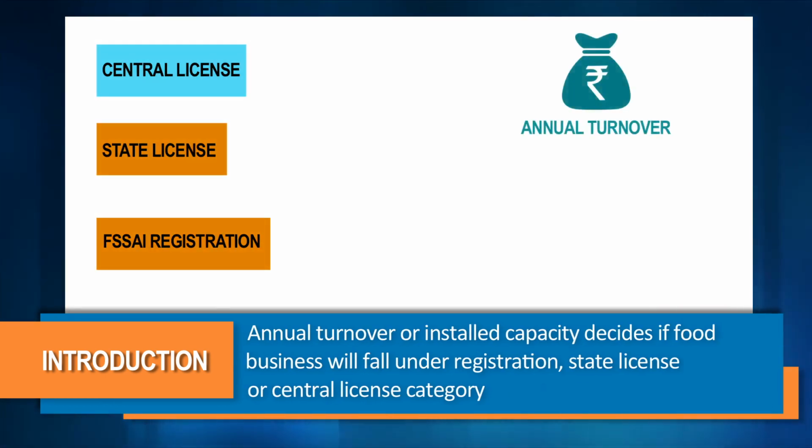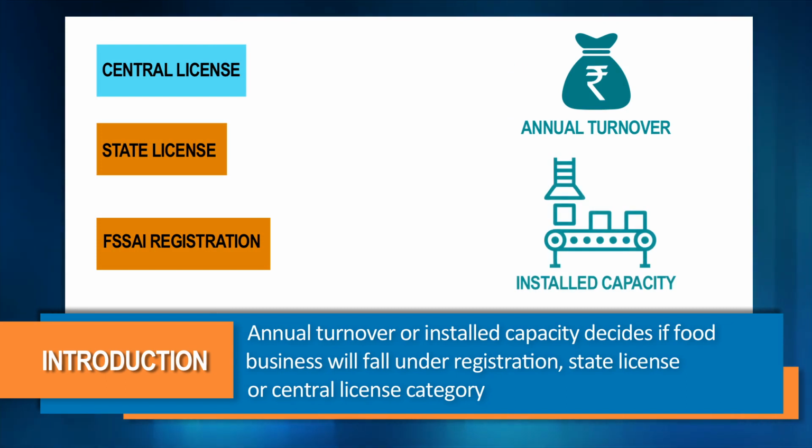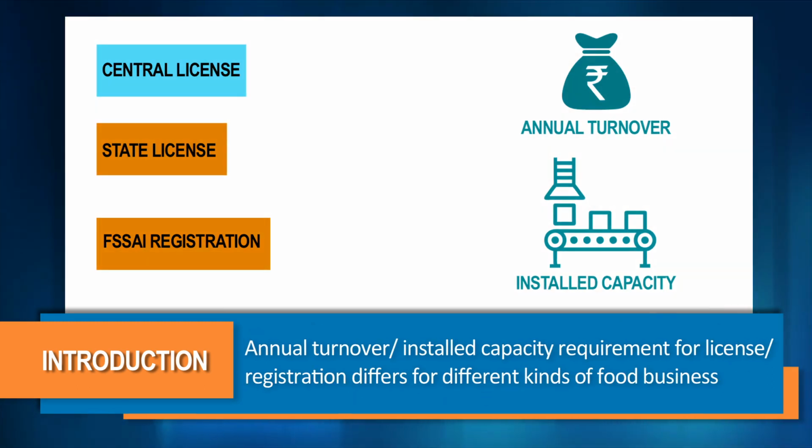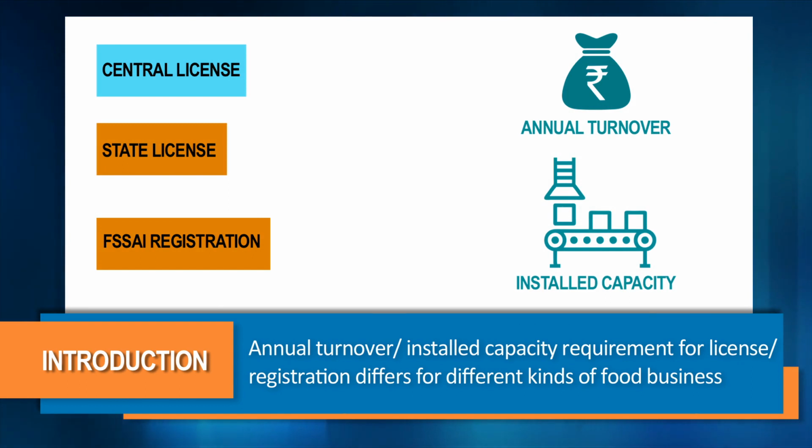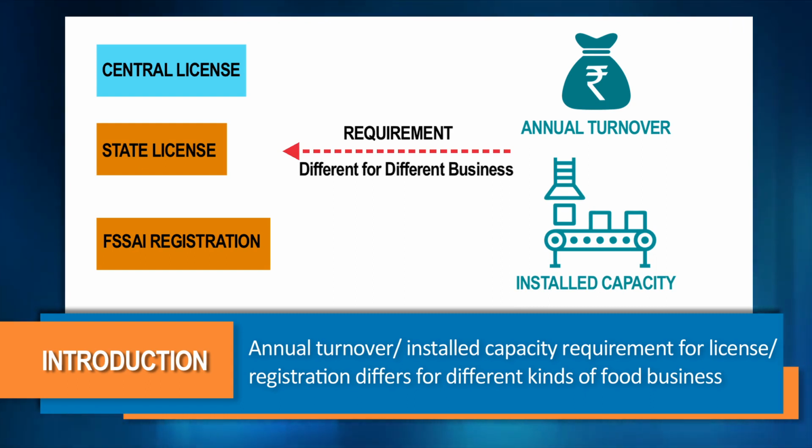The annual turnover or the installed capacity of the food business decides if a food business will fall under the registration category, state license category, or central license category. This annual turnover or installed capacity requirement for the license or registration differs for different kinds of food business.